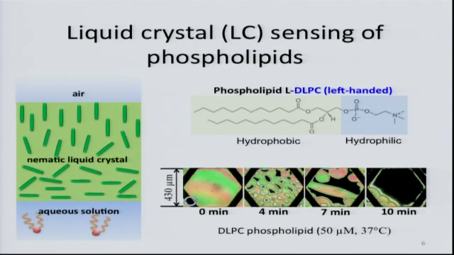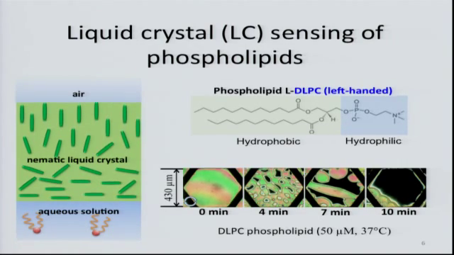So again, we have a liquid crystal film that is put in contact with an aqueous solution, and this time it's made of phospholipid molecules. And before these phospholipid molecules start binding to the interface, we would see under the microscope that the films are more or less uniformly colored, or at least the colors vary very slowly, which means that these liquid crystal films are more or less uniform in thickness.